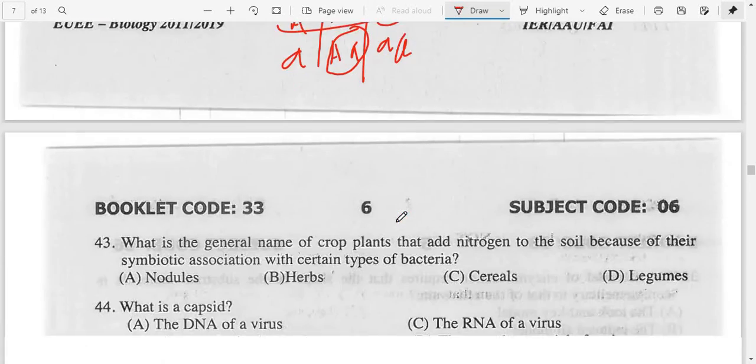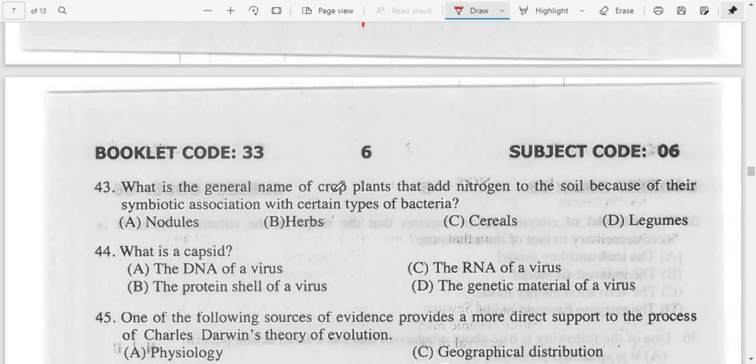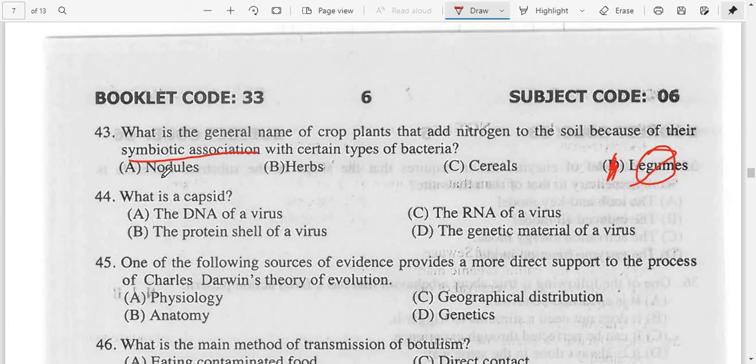Okay, let's continue. What is the general name of crop plants that add nitrogen to the soil because of their symbiotic association with certain types of bacteria? Legume plants. This is something repeated very often in our textbook.